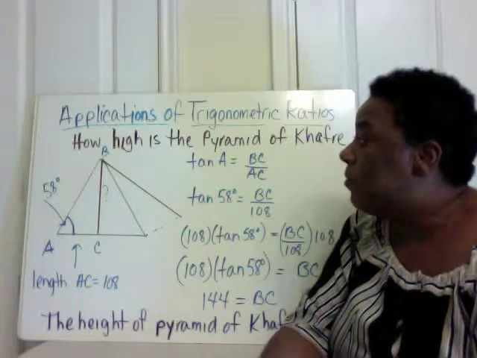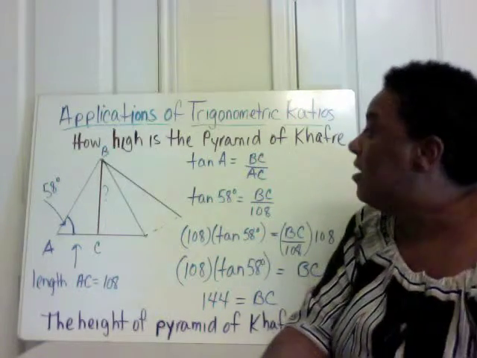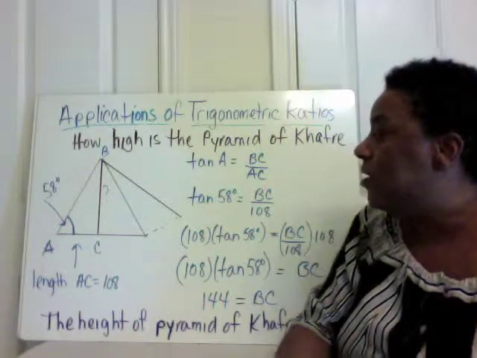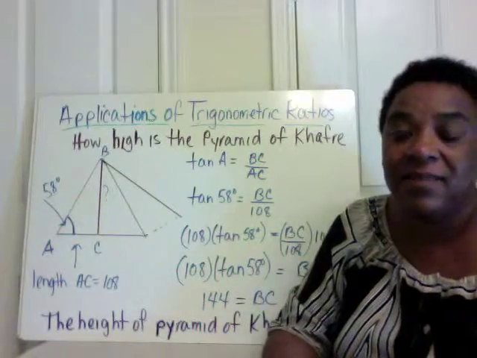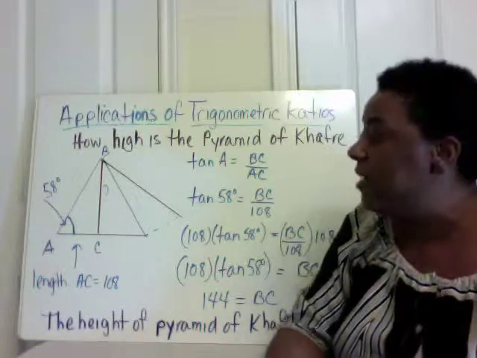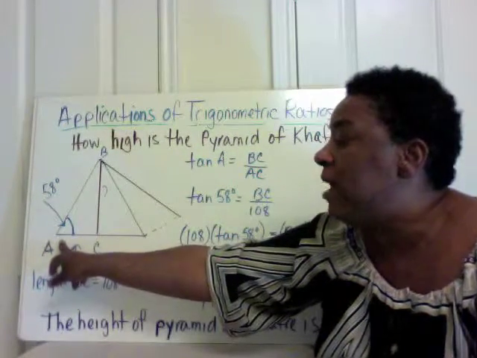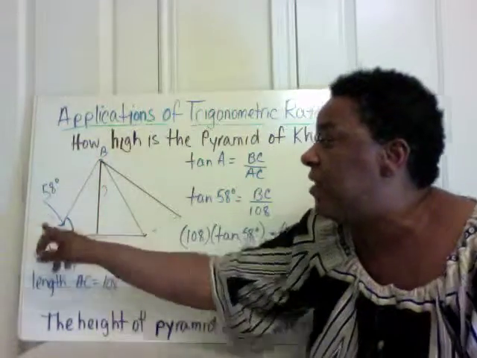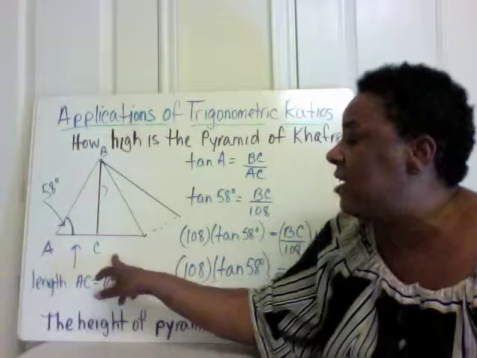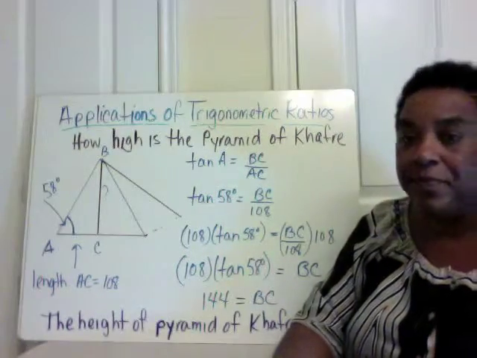In this problem, we want to look at the pyramid called Khafre in Egypt. We want to know, how high is this pyramid? So the information that we're given in this problem is the measure of an acute angle, which is 58 degrees. We're given the length of side AC, which is 108.